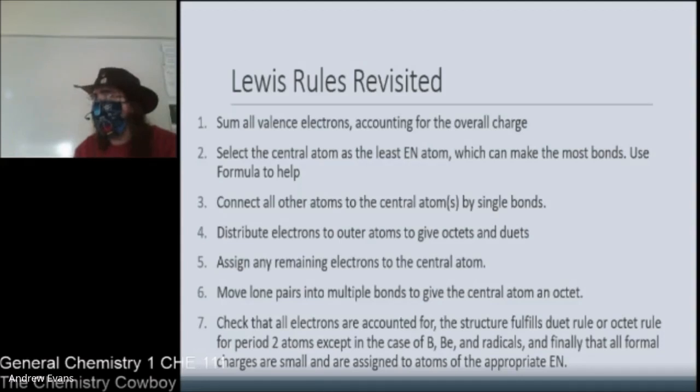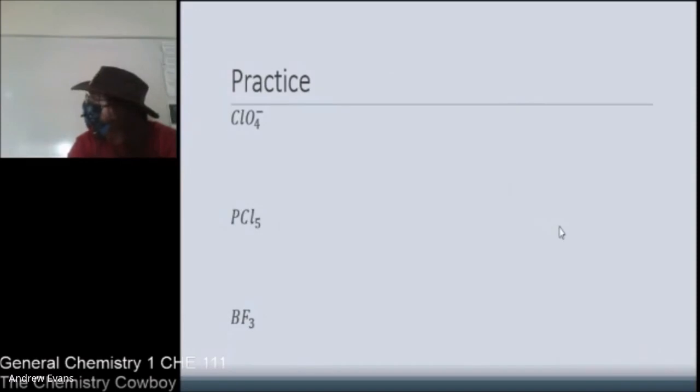When you have the expanded octet situation, you're going to be fighting those two options. And so that's what we're going to look at. So right now, we're going to look at some practice problems. Perchlorate, phosphorus pentachloride, and BF3.